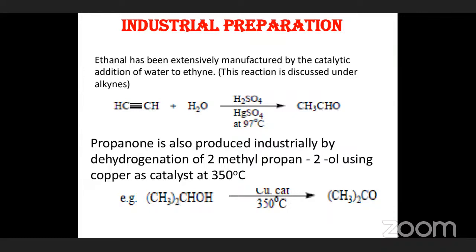Ethanal, which is an aldehyde with 2 carbon atoms, can be prepared from alkynes.